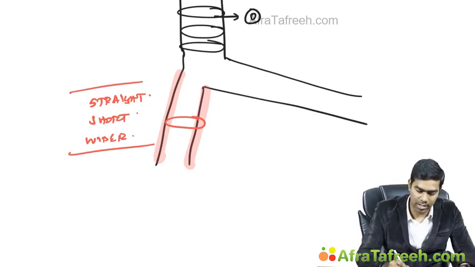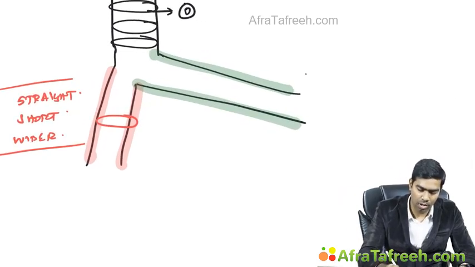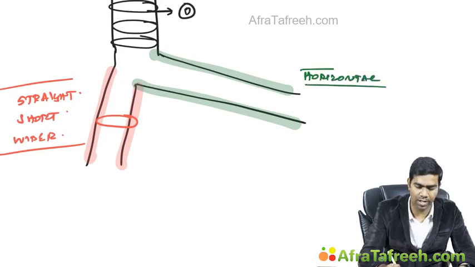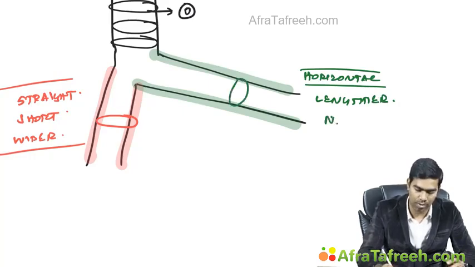And similarly, the left mainstem bronchus will be more horizontal, which means it's not straight, it's more horizontal than vertical. It's like this. At the same time, it is lengthier. At the same time, it is going to be a little bit narrower compared to the other.